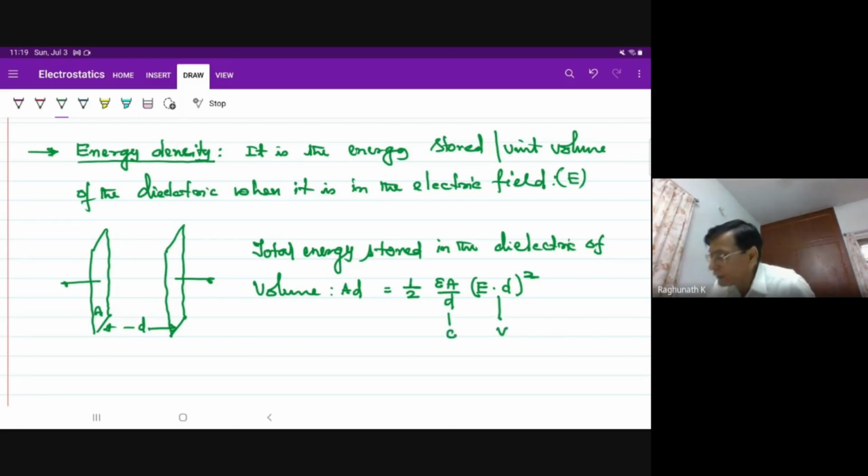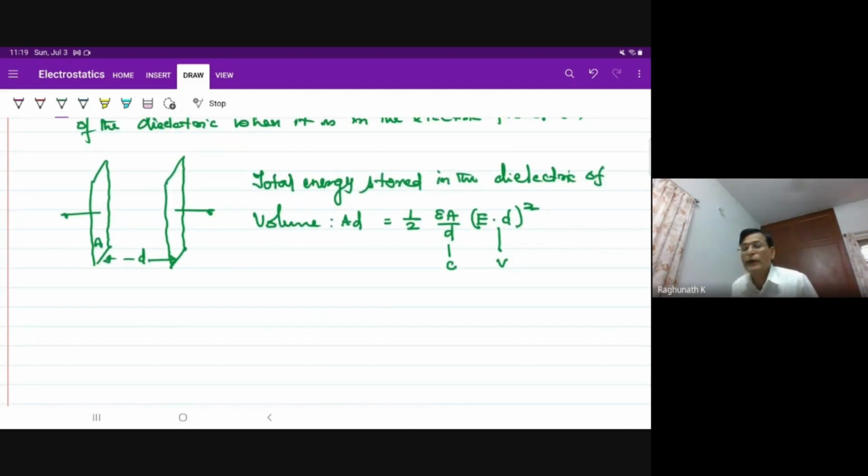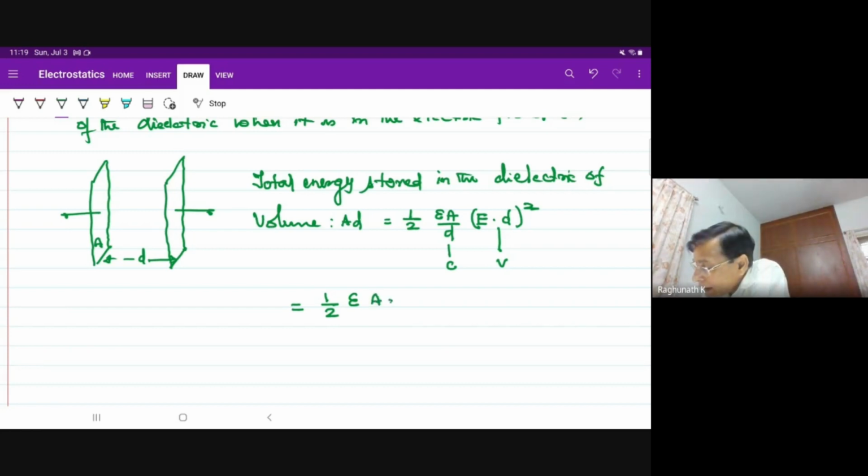This is the magnitude of V. I'm basically looking at energy stored, energy scalar. Ultimately, what is this? Energy stored in the volume AD is equal to what? Half epsilon A D E squared. Total energy stored, I will call it E_NT.